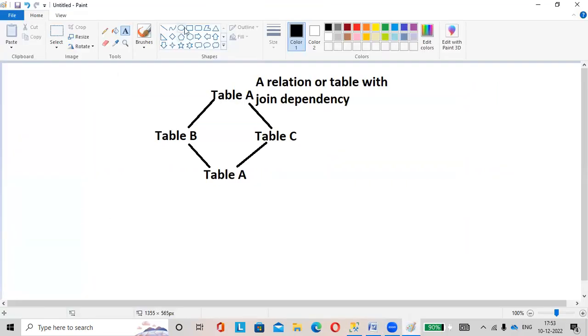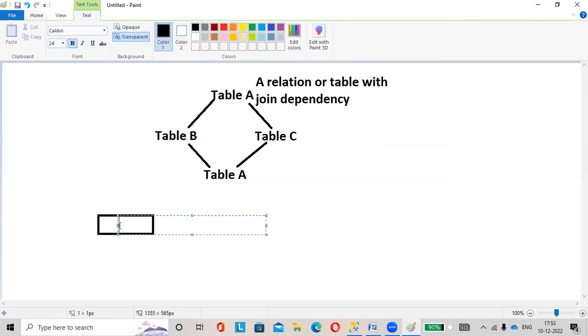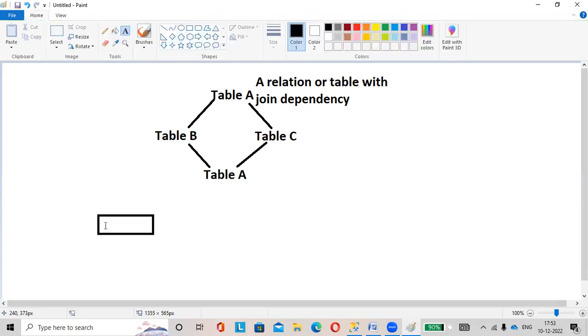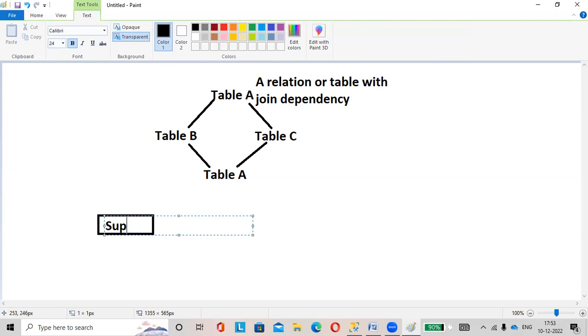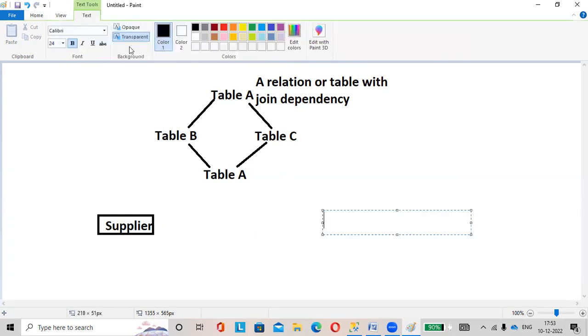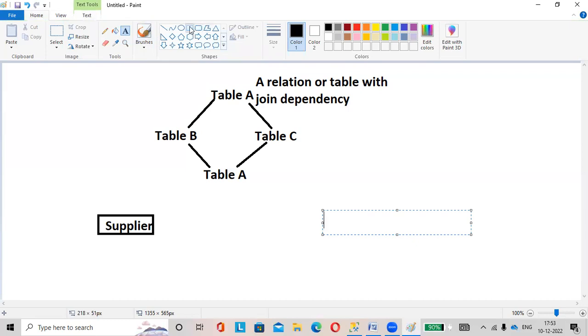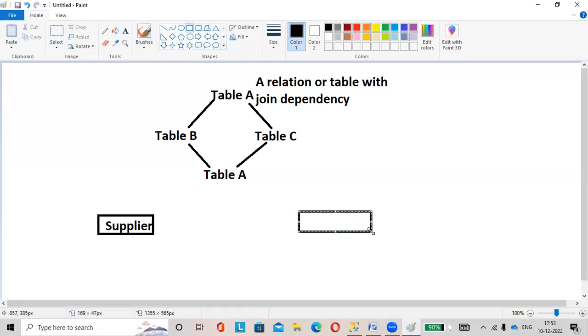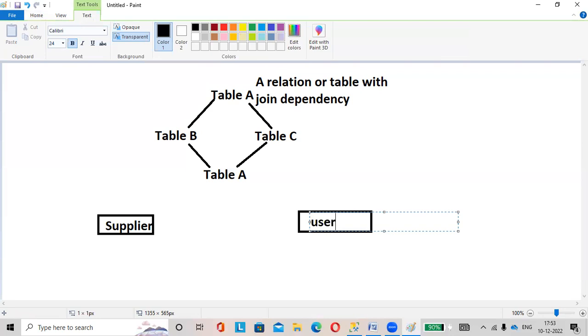See, in an ER diagram also, supplier is one entity. User is another entity.